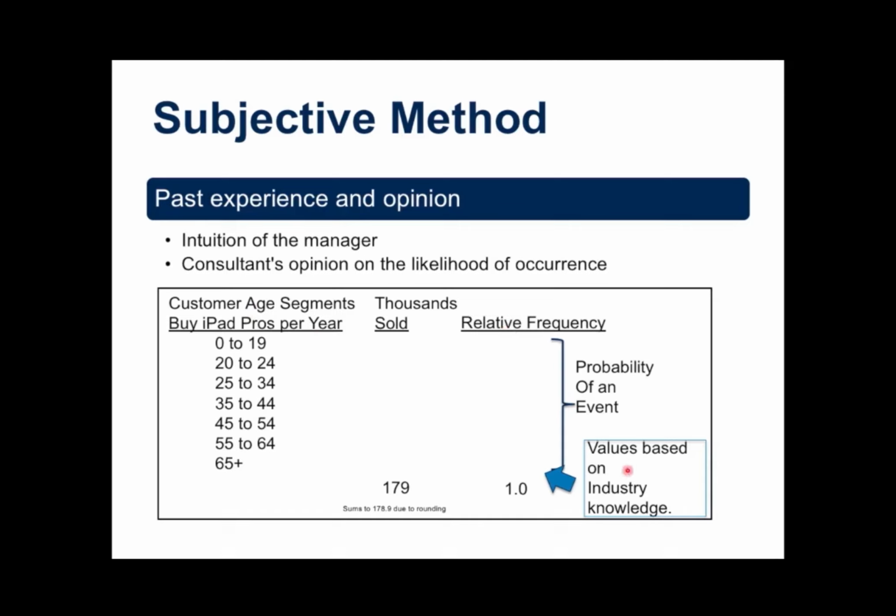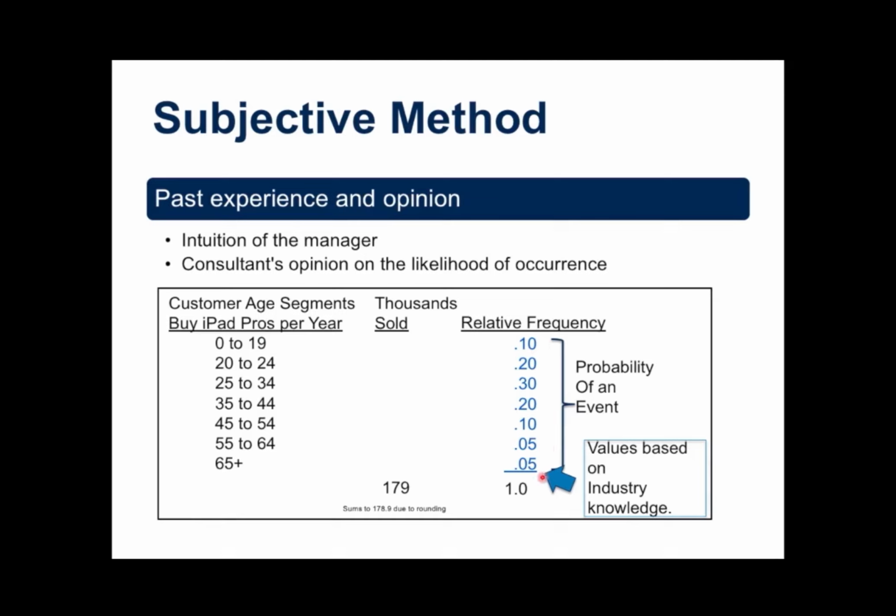Well, maybe I could use my judgment. I have been working in the industry for many years, and not only have I been working at this company, I know something about the way that the general market goes with these different age segments. And so I might start with plugging in some relative frequencies just for this group. And I might come up with these, and I would say, well, in the 0 to 19 age group, the relative frequency of them buying is probably only 10% or 0.10.